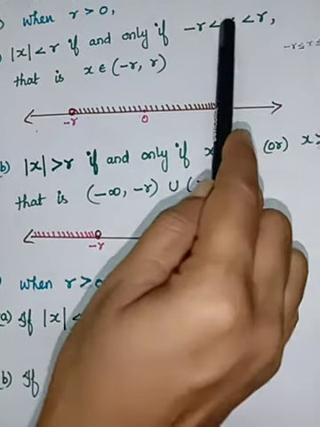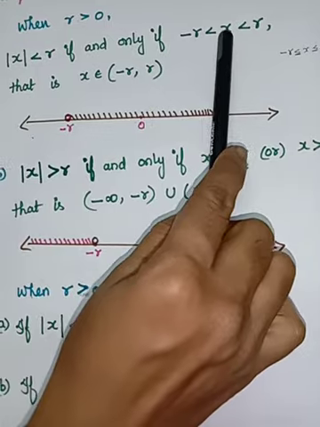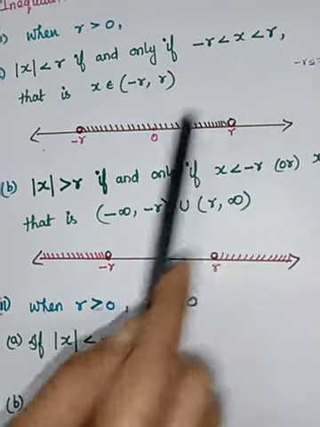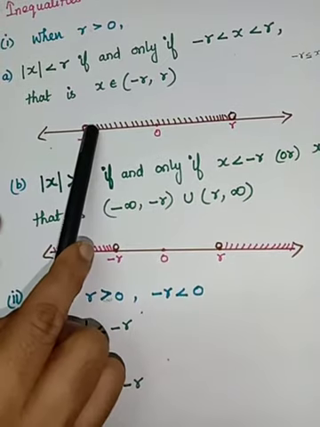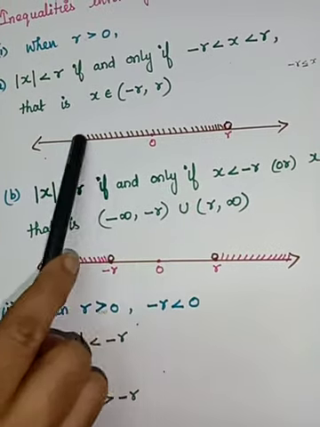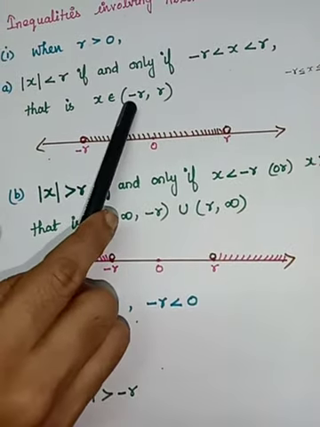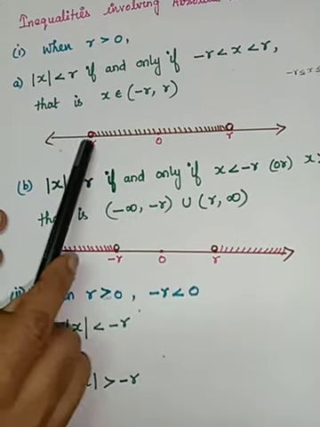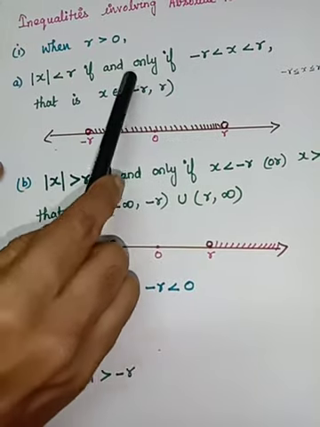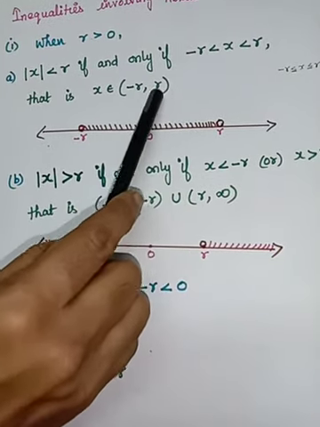Okay. See, x takes values from minus r to plus r. So I have shaded here. So x can take the values from this interval. So that interval is an open interval. Why is it an open interval? The end points are not included. So you have to use this bracket.